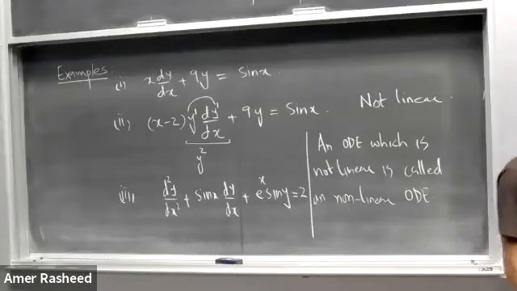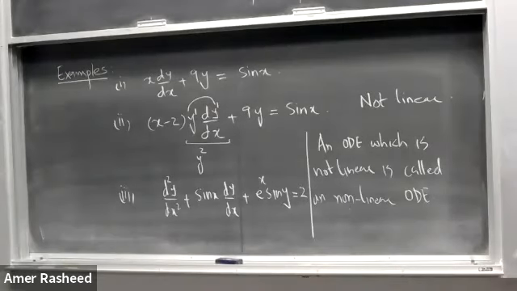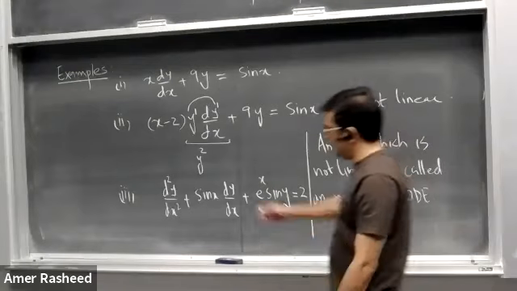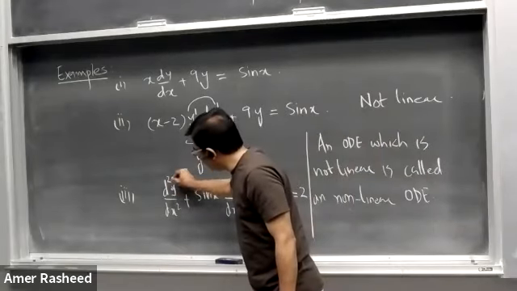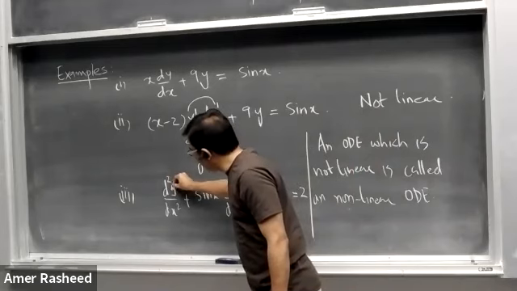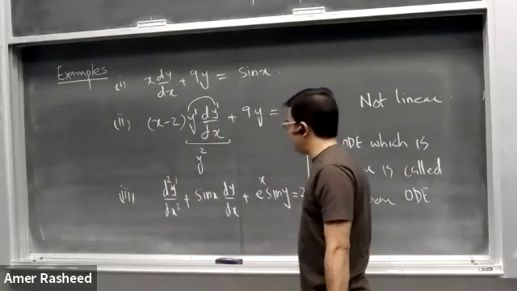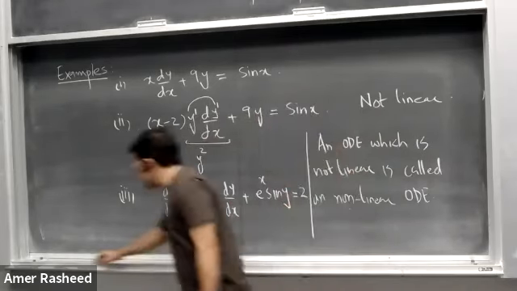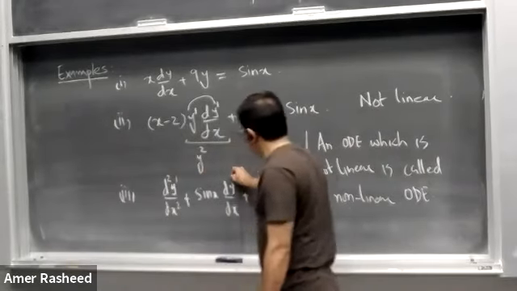Anyone? Sir, I think it is linear. Okay, who is saying no? Sir, I'm not sure, but we take the derivative twice, so y must not be equal to 1 here. No, the power of y is 1 here. There's no issue in this term. The degree of y is 1 here. The degree of y is again 1 here.